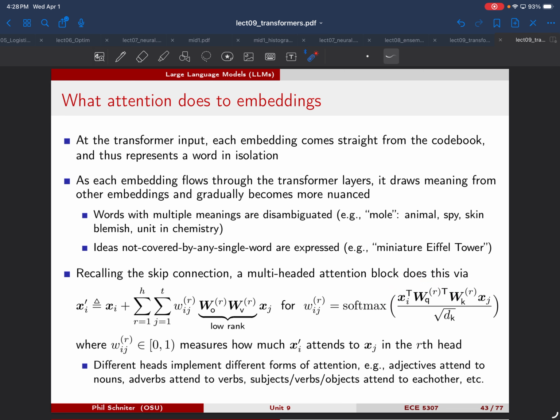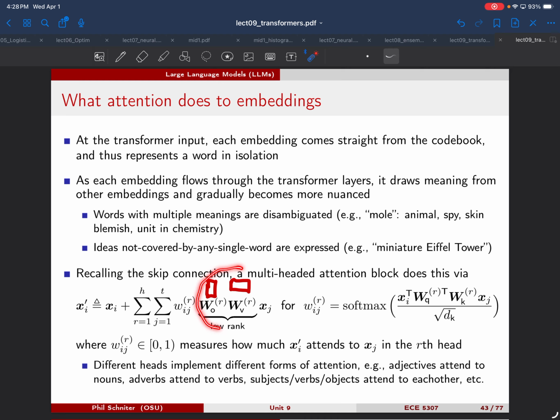But what's interesting is that if you think about how these matrices look, this is going to be a tall matrix, this is going to be a wide matrix. And so this operation here is basically a low rank matrix. What that means is that when you go through this matrix, it projects xj onto the row space of this matrix, and then it reconstructs it in the column space of this matrix.